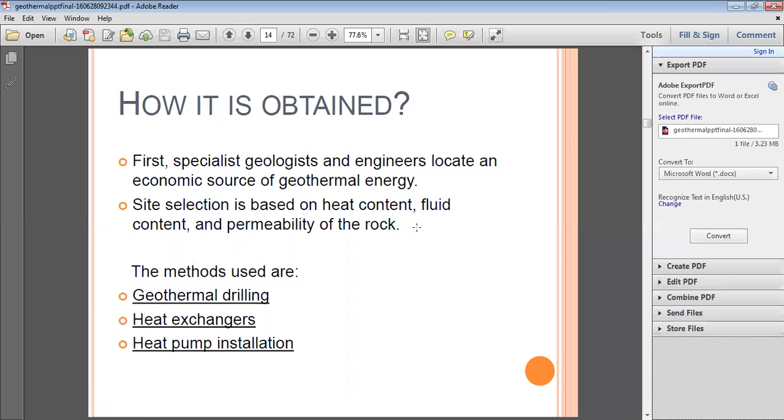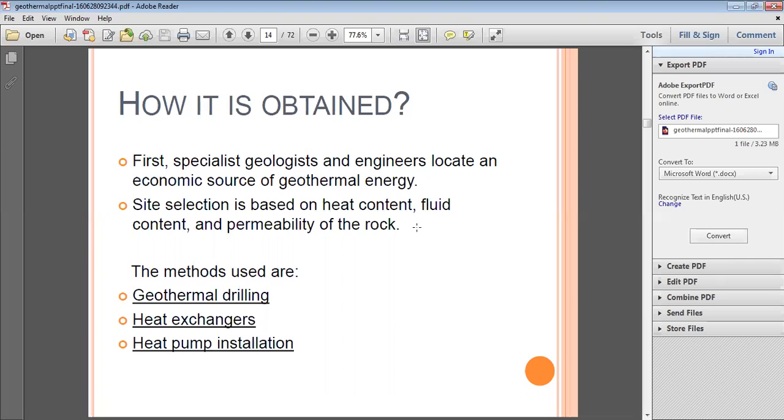Then site selection is based on heat content, fluid content, and permeability of the rock. That is, the amount of heat contained, how much fluid is contained and the temperature of that fluid, and how permeable the rocks are.